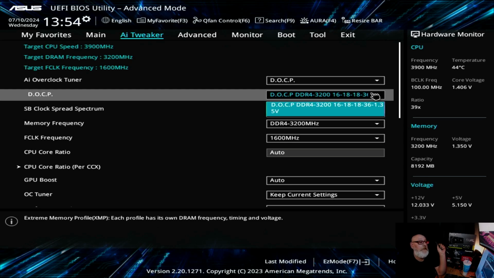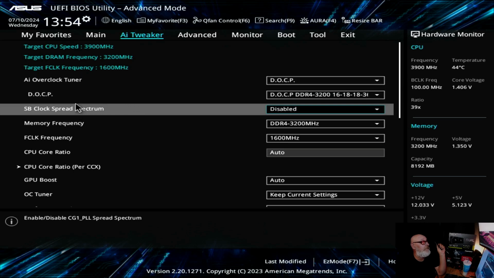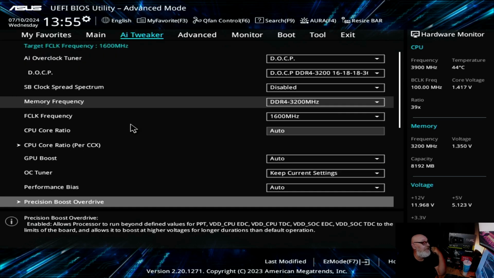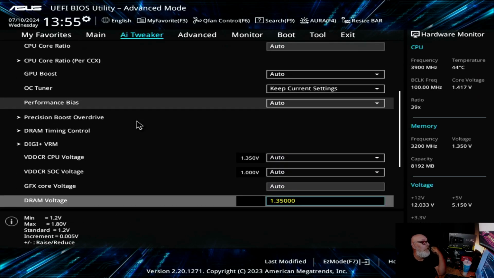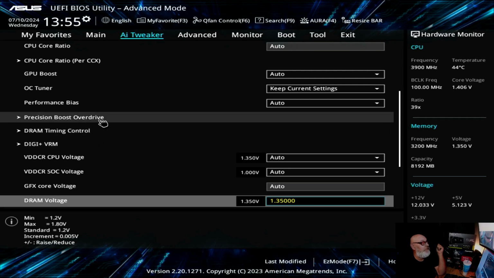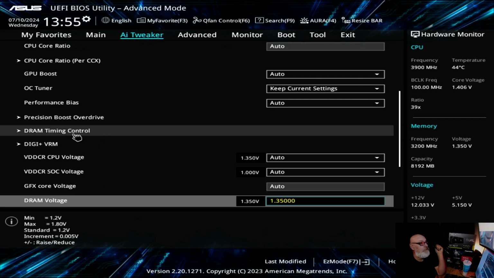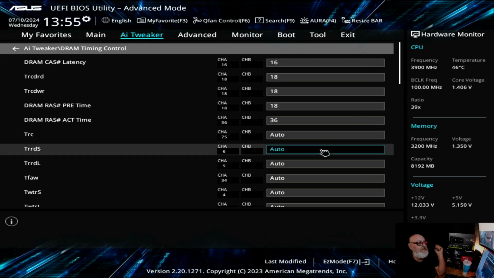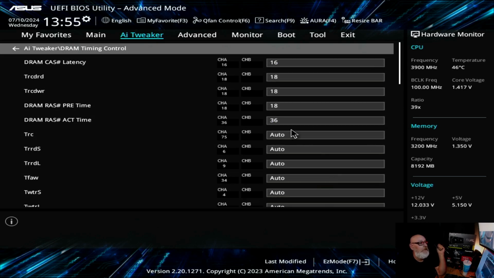Because if it doesn't, then you're going to be in kind of a little bit of a problem. So now that we've seen that, we go down here to the DRAM timing control. Now we see everything else is on auto.